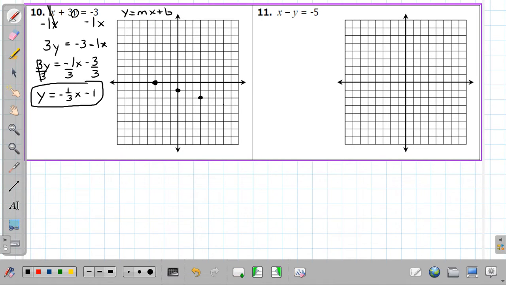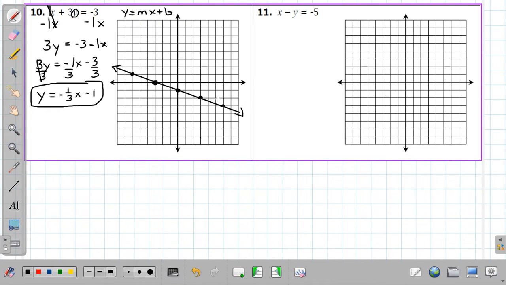Down 2, 3. Well, I can't go any further there, but then I go up 1, 1, 2, 3. And there we go. All of those points should stay on the same line, so connect them all together. Once again, not exactly perfect, but your line should look something like that.